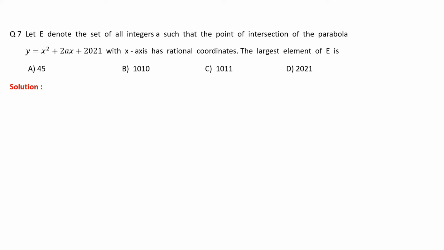Now we know that whenever any curve intersects x-axis, then at the point of intersection, the value of y becomes 0, because for any point lying on the x-axis, y is always 0. So we will be putting y as 0 in this equation of the parabola.